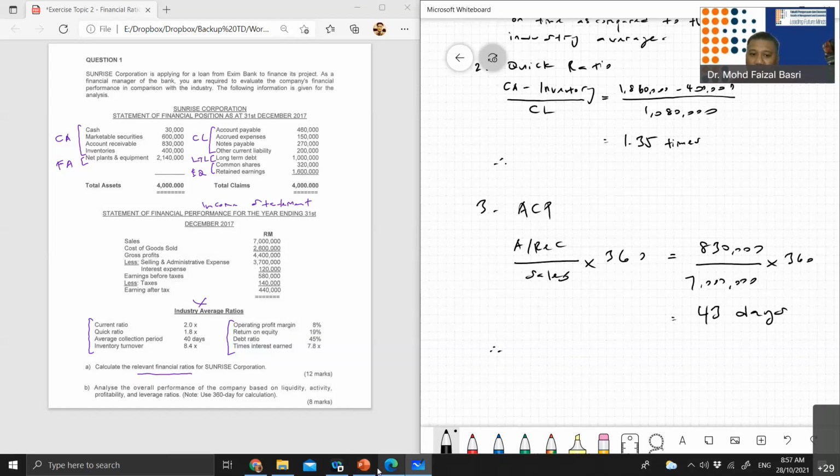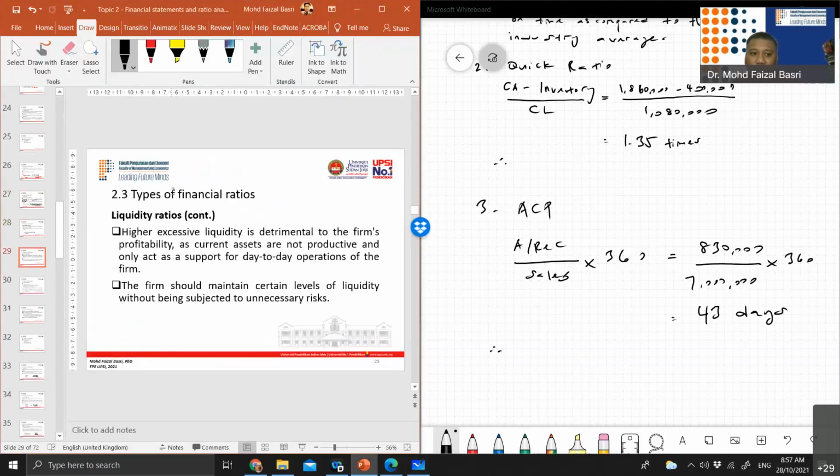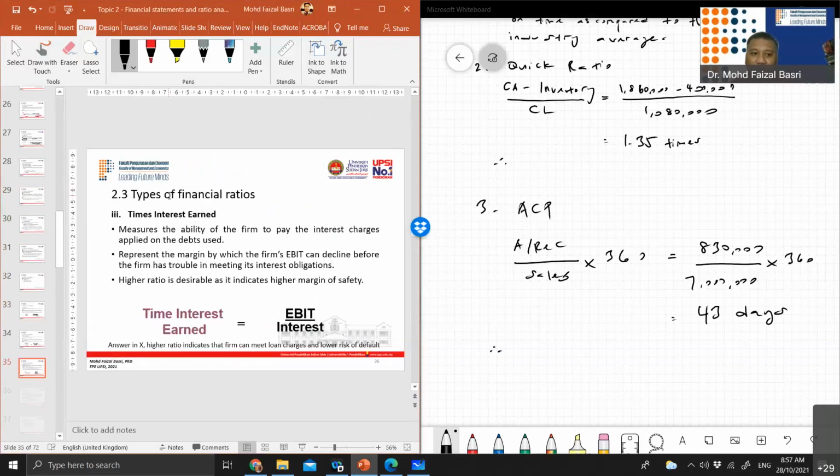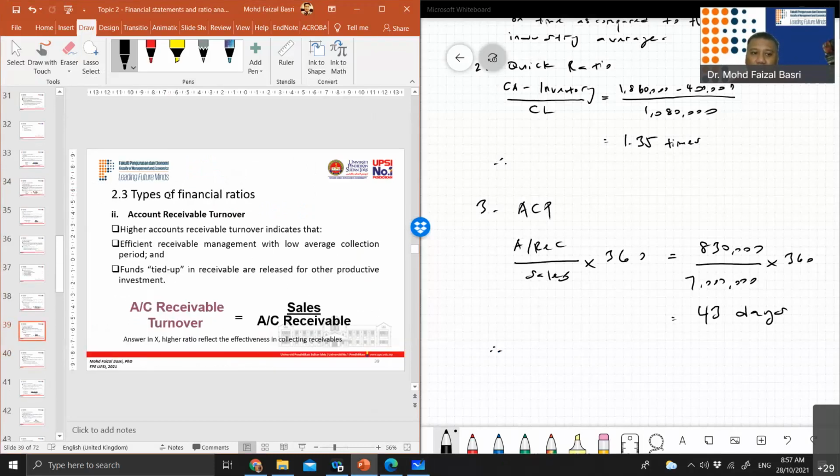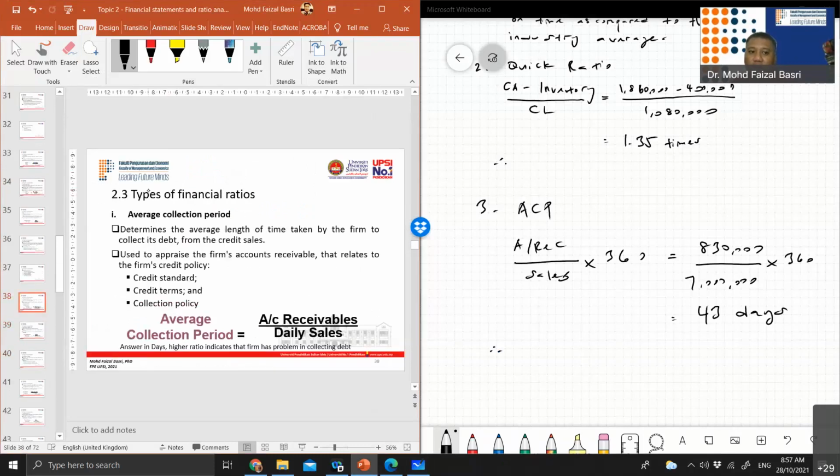Again, I recap. Go to the relevant ratios. In this case, it is ACP, kan. So you can use this. The high ratio is for this company. So the company has worse ACP ratios, which indicate that the company may have a slight problem in collecting debt as compared to the industry average.